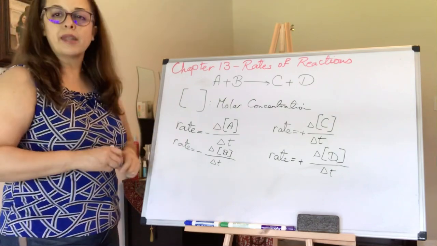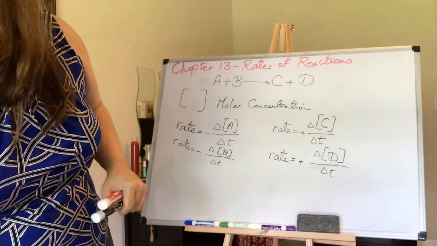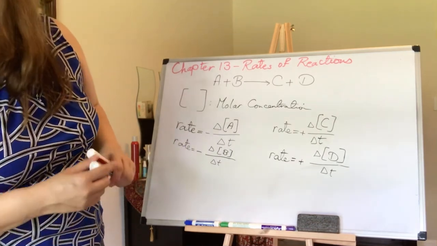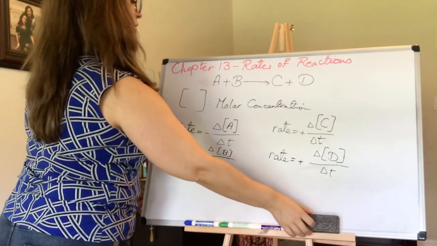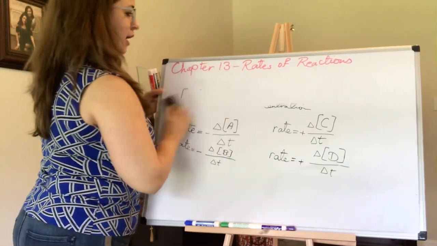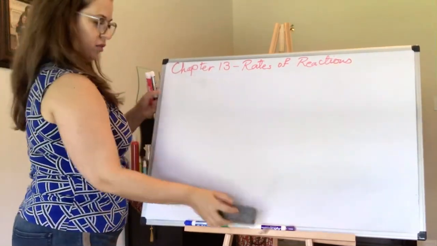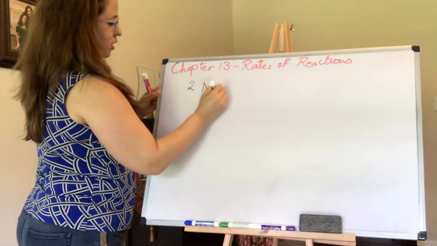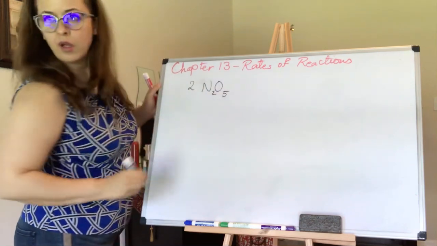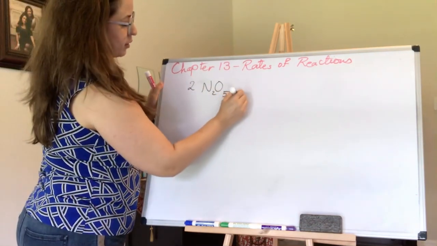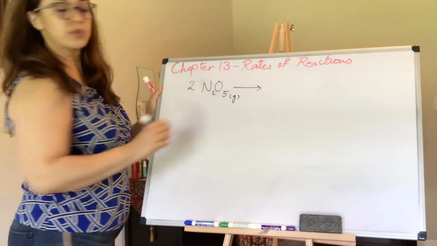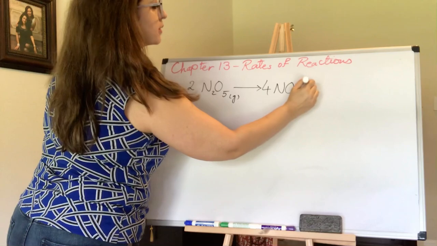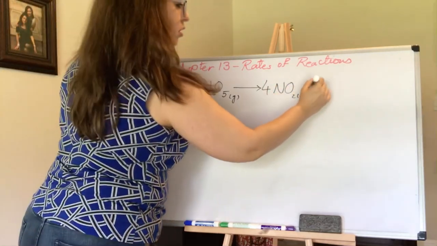Now let's work on a real example you have on slide number 19. Let's write a real reaction. The reaction is 2N2O5 gas molecules will decompose to 4 NO2 gas molecules plus oxygen.